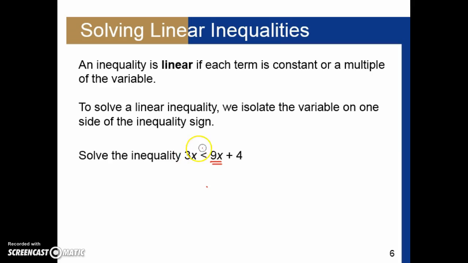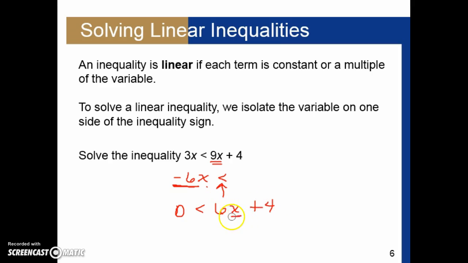If you're going to combine these like terms, instead of having negative 6 over here and not changing that sign, you realize you're going to have to divide through by negative 6, which will affect that inequality value. So what I would do is just subtract 3x from both sides. I would say 0, therefore, has to be less than 6x plus 4.